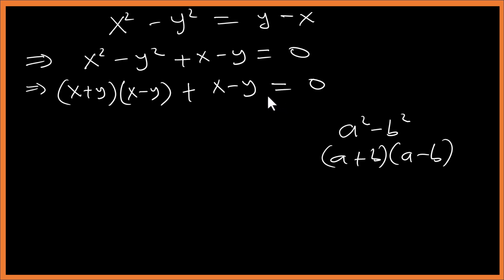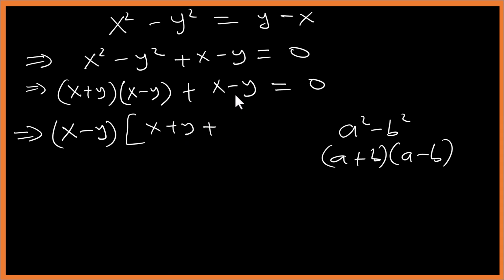Okay, now we can factorize x minus y out here. That will be x minus y, and I'll be left with x plus y plus 1, since I've taken this one out to be left with 1 here, equal to 0.